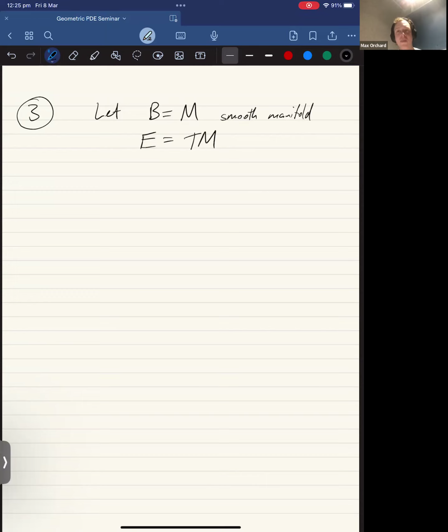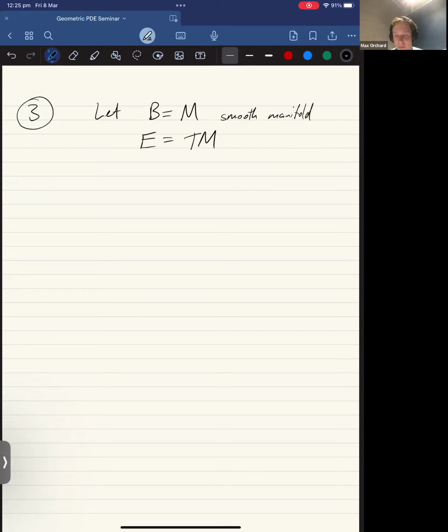And finally, the last example I want to go over is one that's probably very familiar to everyone here. We're going to let the base space be some smooth manifold. And we're going to look at the tangent bundle. So this assigns to every point the tangent space at that point.